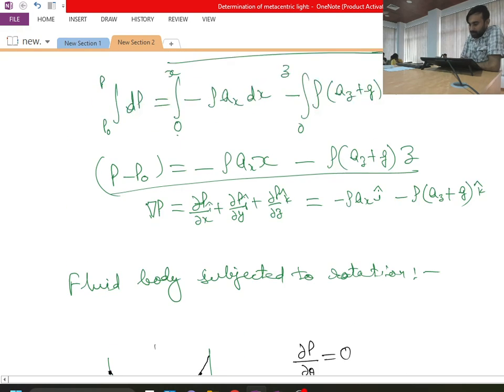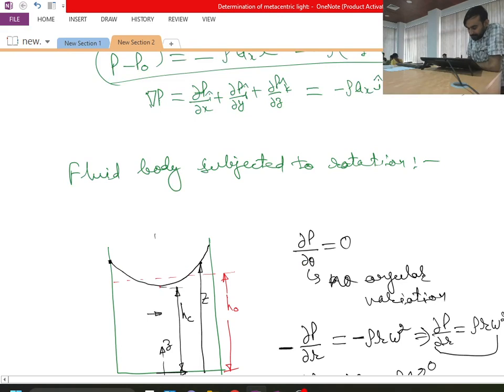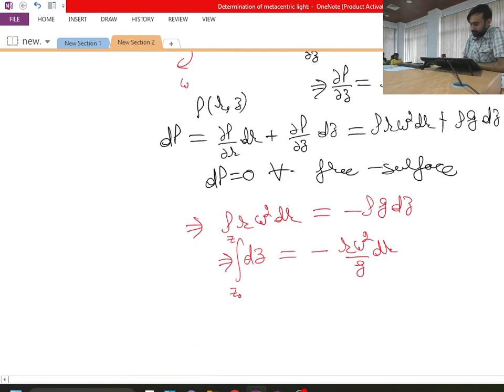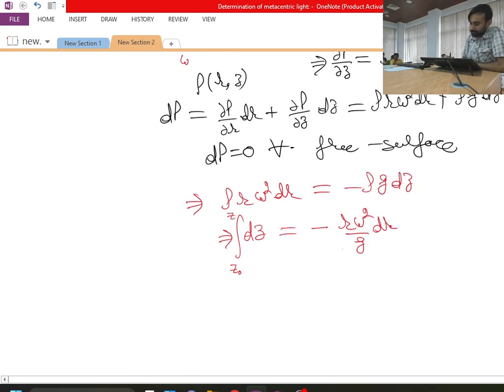Okay. Because I am integrating over this surface. So let's consider at this point my coordinate is z0 and at any arbitrary point it is z. Okay, so z naught to z I will be doing integration, and for r it will be from 0 to r, limit of integration. Or let's not do that, we can do it in terms of determining the constant, that also we can do.